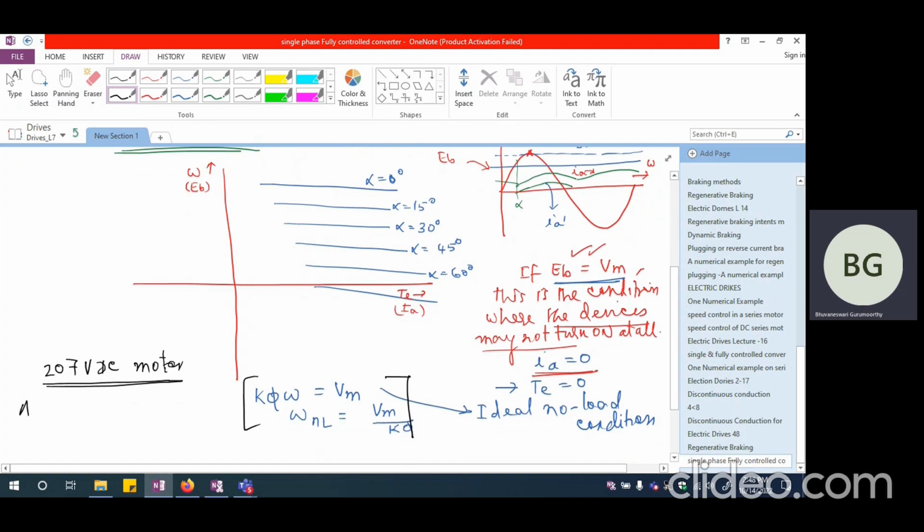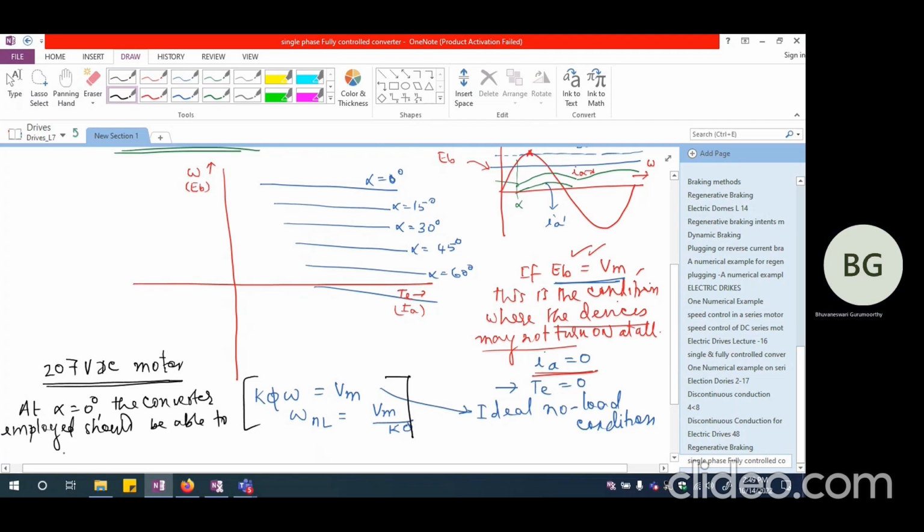So at alpha equal to 0 degree, the converter employed should be able to feed 207 volts to the DC motor.